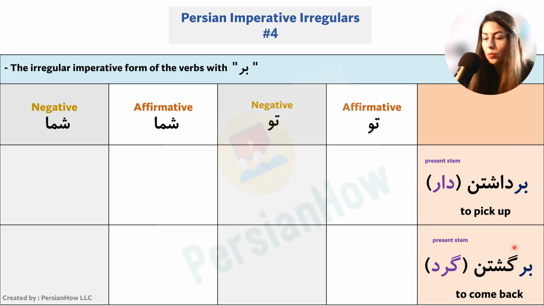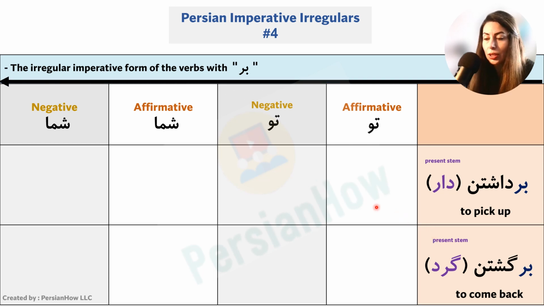Both of these verbs are compound verbs. They are not simple verbs. And bar is a preposition. So with these verbs, for the imperative form, we actually do not add be to the present stem. That's wrong. We do not say barbedar. We just don't add be to it.